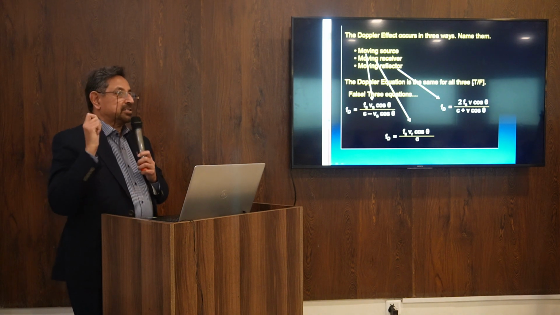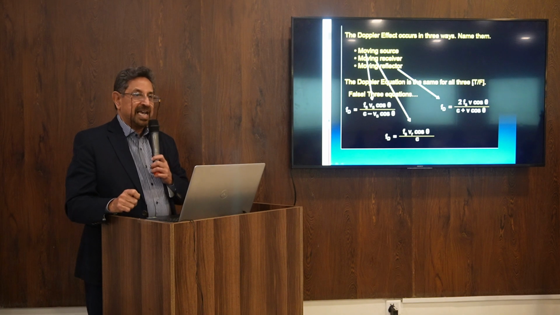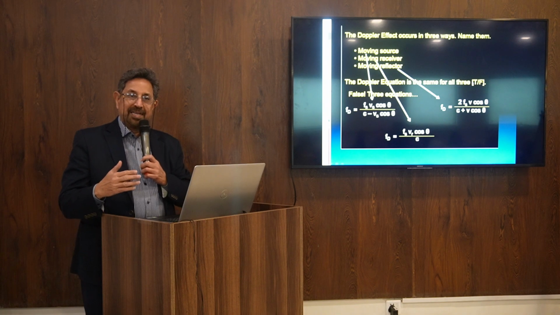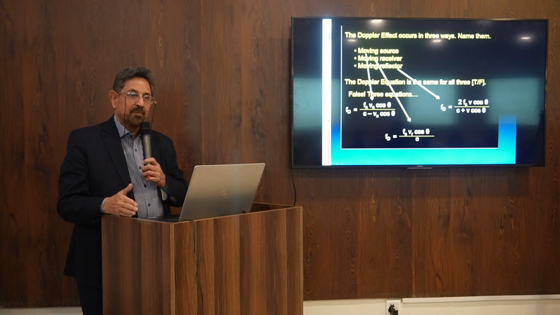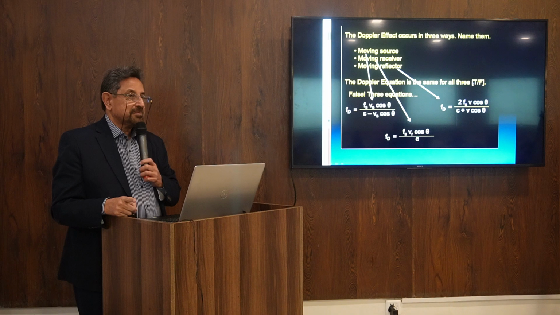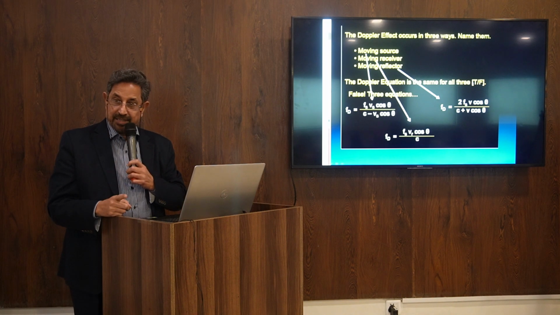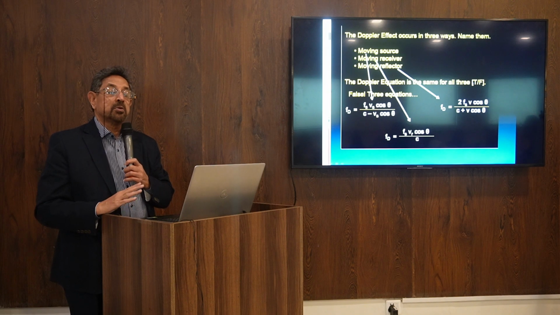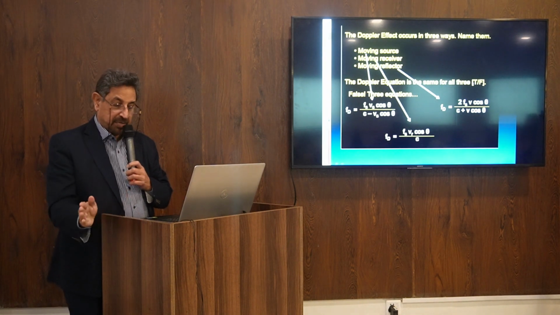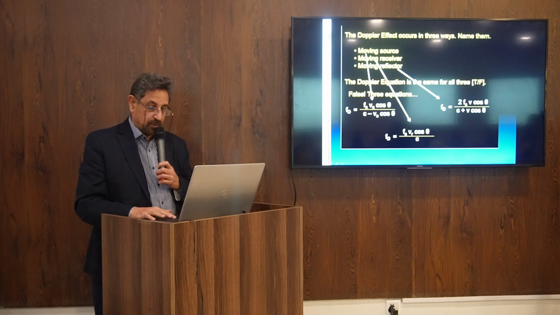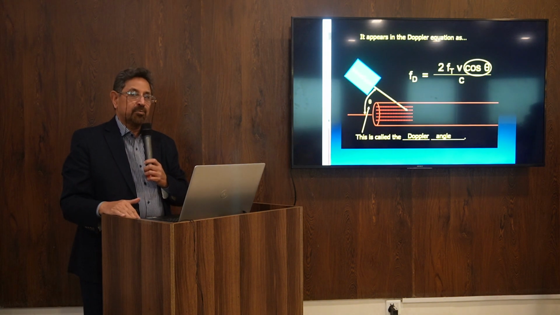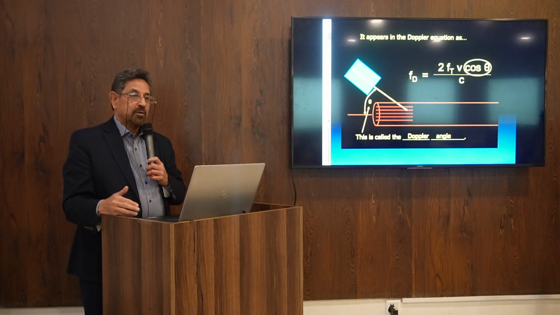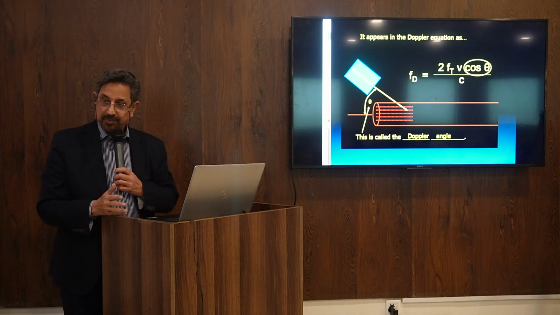Ultrasound picture is best seen if you scan at 90 degrees. You get the best picture if you place your probe at 90 degrees. But for Doppler, you need less than 90. If anybody is trying to do it at 90 degrees, there is no Doppler information. Erroneous information leads to erroneous diagnosis, as Dr. Yasar was telling you, that somebody said DVT and vascular insufficiency, this and that, because the person didn't know the physics.